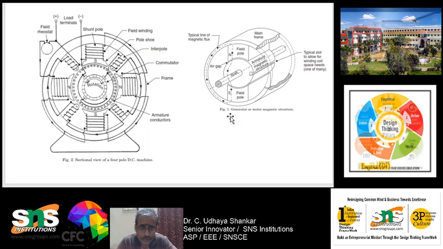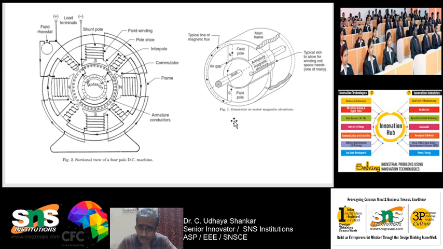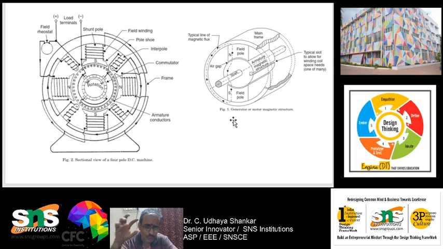What happens is the armature winding, which is placed in the armature core, will be rotating under the poles, and hence the flux produced by the field is cut by the armature conductors. Also note that some eddy currents will be produced inside the armature.